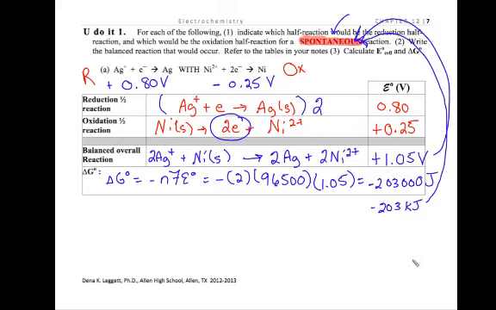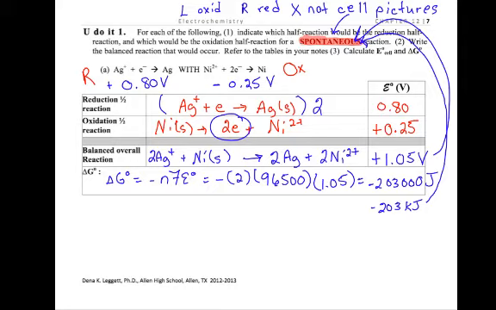Now, we don't want to have to draw cells all the time, so scientists came up with a shorthand notation. When you do cell pictures, there's not always a convention that left is the oxidation and right is the reduction. Often it is, but I wouldn't count on it, and in fact, they may reverse that order to see if you understand.